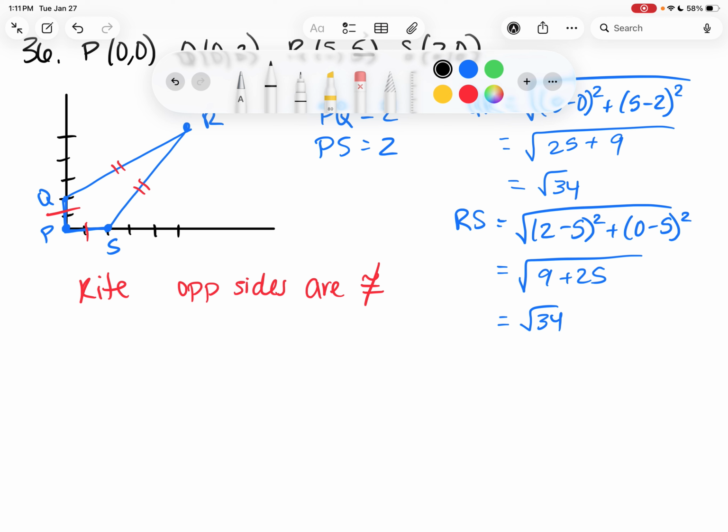All right, we're going to do 40. I'm going to skip 38 because, again, time, and we've technically done these before.